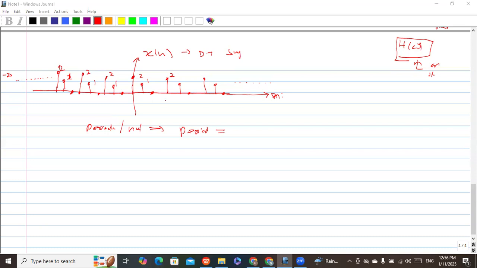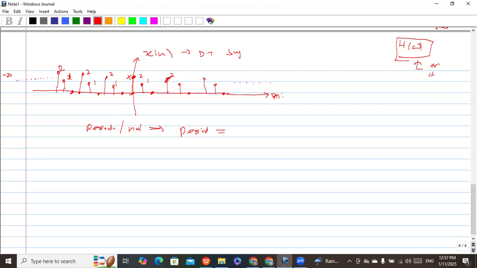I think I have told how to find the period of a discrete time signal when we were doing the sampling. You need to select some sample. Let's say that I am selecting this one. You need to see where this is repeating again. This one is repeating here.